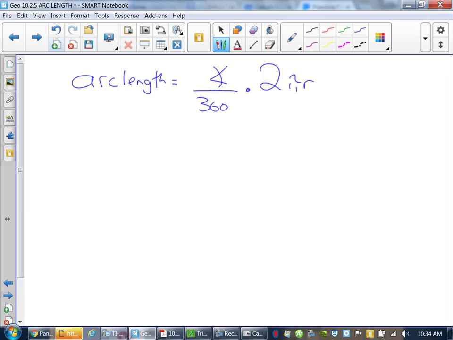What does 2 pi r stand for? It stands for the circumference. 2 pi r is your circumference. What's 2 times r? Your diameter. So depending upon what information you have, you can write this out 3 different ways.